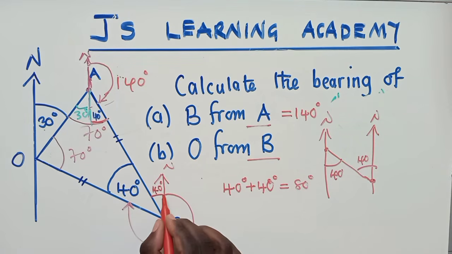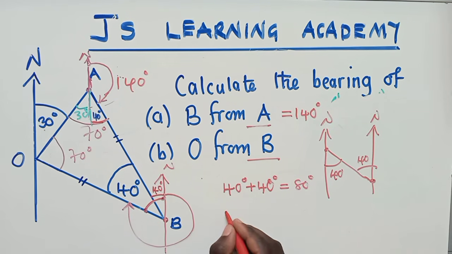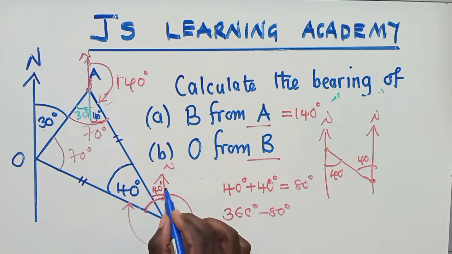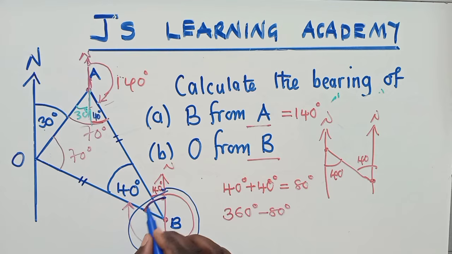So now, from here to here, it's 80. So we can say 360 degrees minus 80 degrees. So the property I'm using now is a property of a circle. Okay? So here it's 360. It's a circle. Now from here to here, it's 40. From here to here, it's 40. I mean, it's 80.